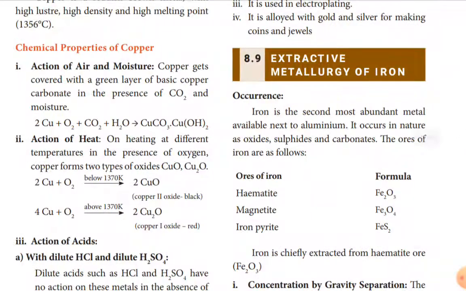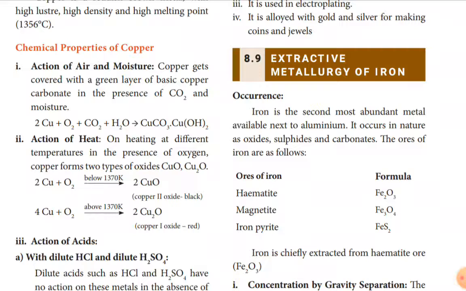Then next one, extractive metallurgy of iron. It is the second most abundant metal available next to aluminium, and it is a highly reactive metal, so it is always obtained in the combined state, like oxides, sulfides and carbonates. There are three ores of iron: hematite, magnetite, iron pyrite.